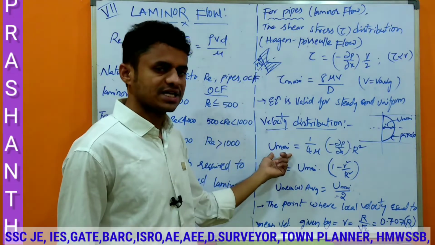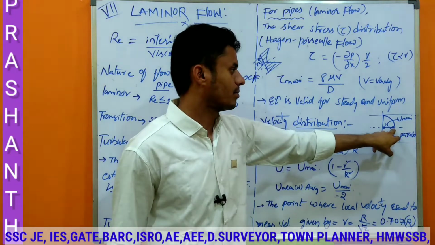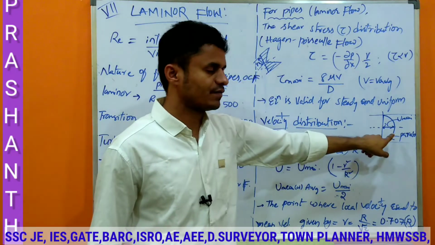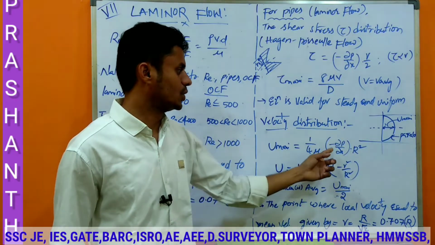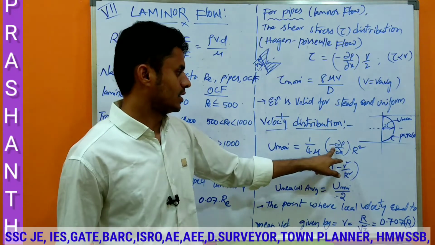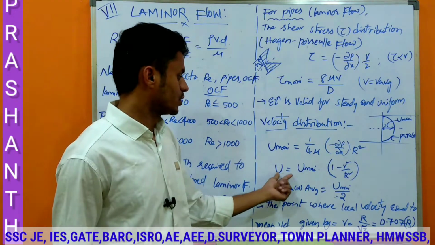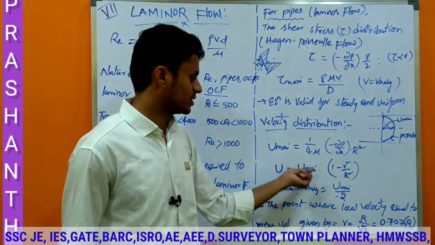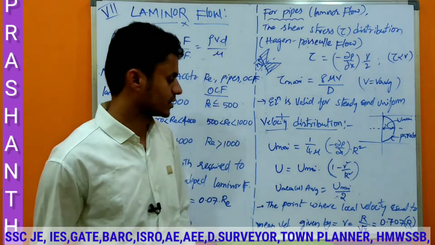Maximum velocity occurs at the center. See, in the figure we can see here, 1 by 4 mu into minus dou P by dou X into R square. Here negative dou P by dou X is the decrease in pressure. U equal to U max. This value we have, that U max, put here: 1 minus small r square by capital R square.